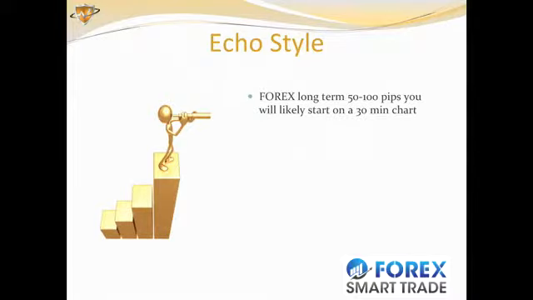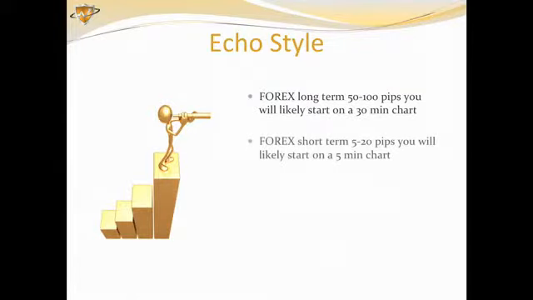And you'd likely start somewhere possibly on like a 30-minute chart. You're not going to start on a 1-minute chart to try to get 50 to 100 pips. Another example on the Forex market, but for short term, might be 5 to 20 pips. And you would likely start this type of trading on a 5-minute chart.